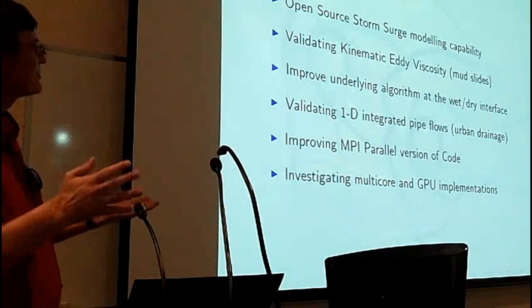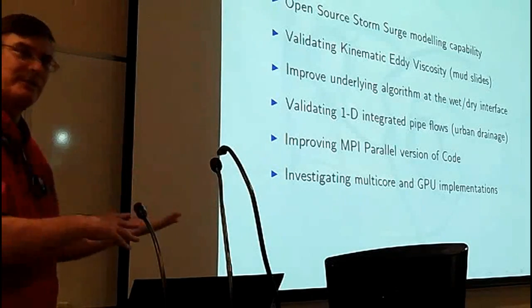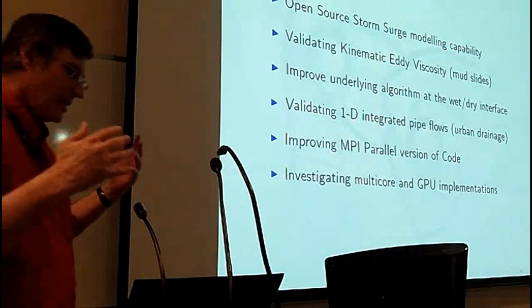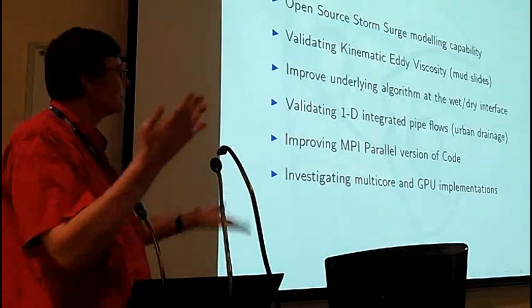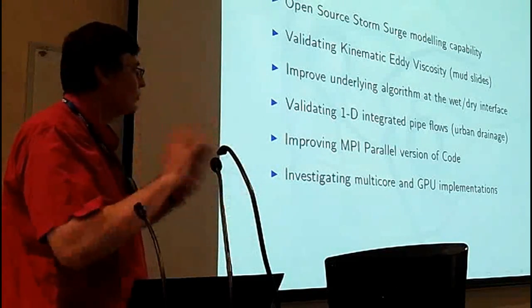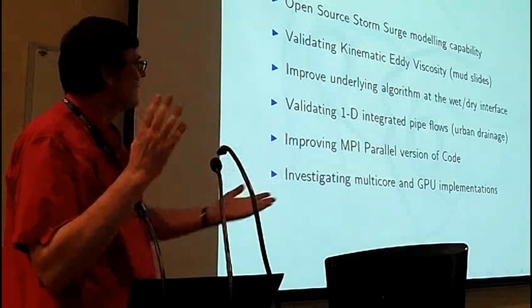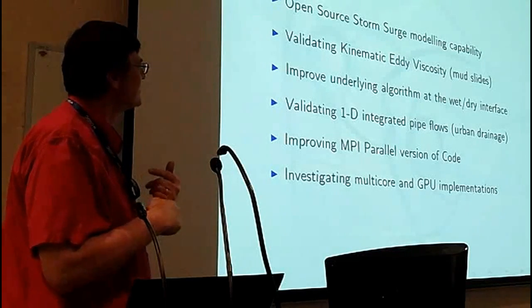Storm surge is a little trickier than tsunami modelling because storm surge has all the things of tsunami modelling plus the pressure of the cyclone changes the height of the water, the wind changes it, Coriolis effects change it. So there are different sorts of frictional things to think about.